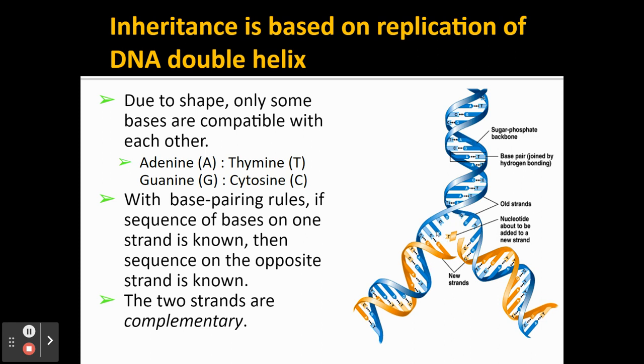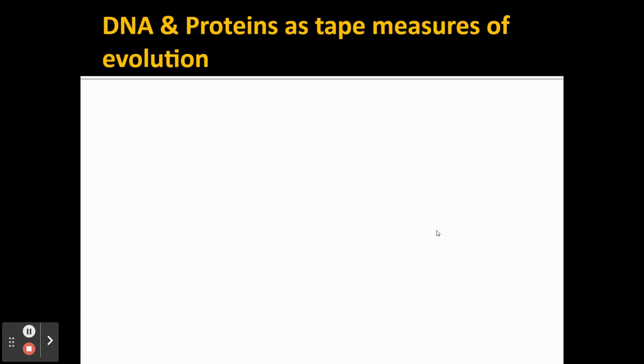So because of the base pairing rules, when you separate those two strands and allow them to be paired with new nucleotides, you will end up with two copies of DNA that are identical to each other. Each DNA molecule will have one old strand and one newly built strand. And we'll get into that again in Unit 6.